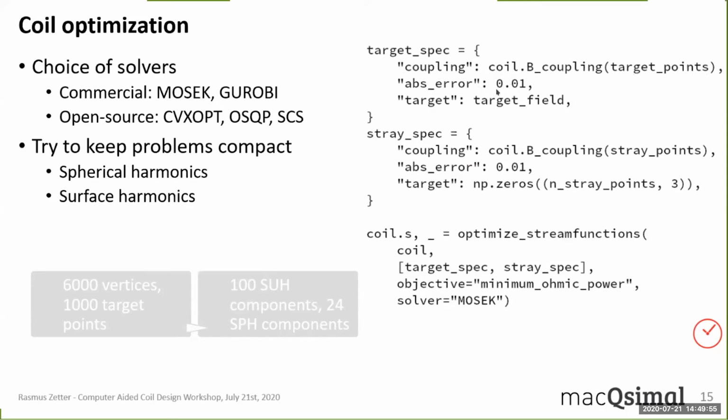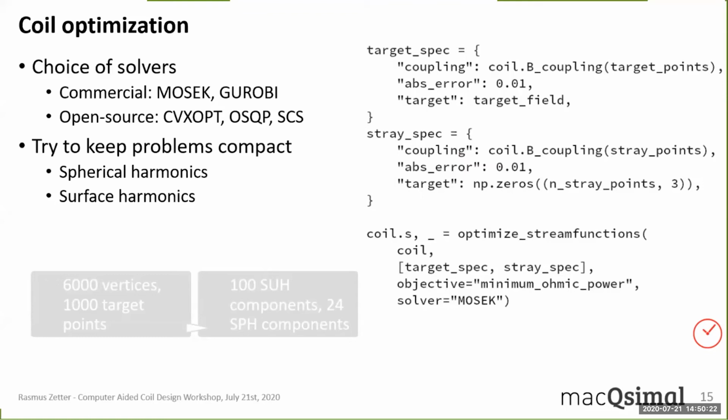So we give the absolute error that we allow, and then the actual target that we go for. So then it's target field plus minus 0.01. Then we have a second specification or constraint here for the stray field or fringe field at some stray points, the same error requirements, and now we aim for 0.